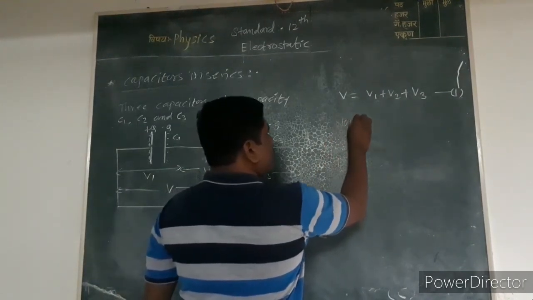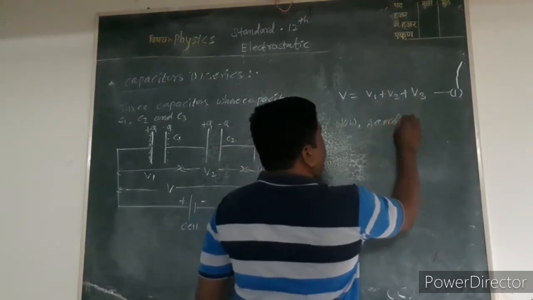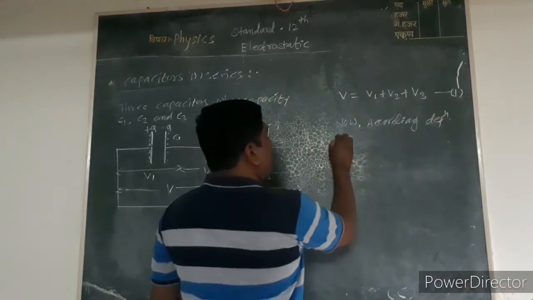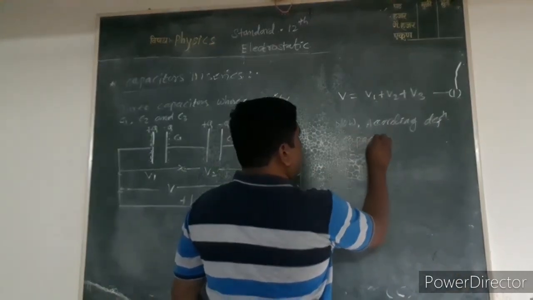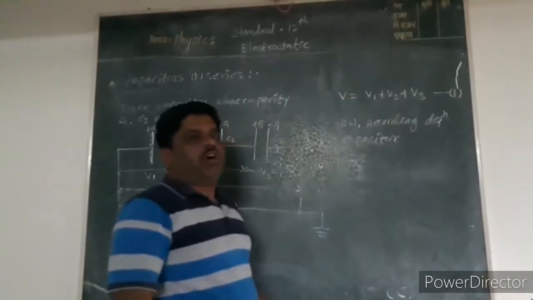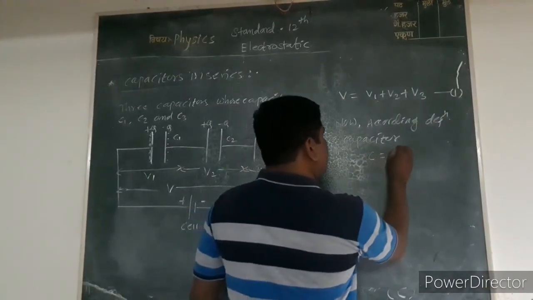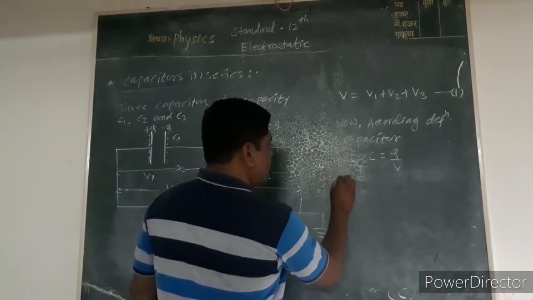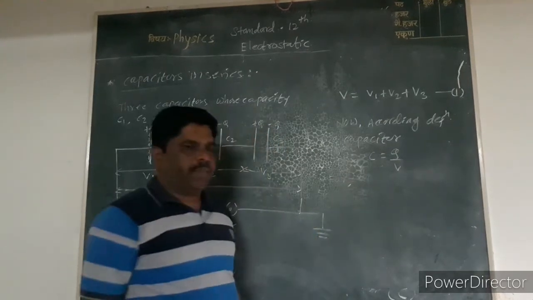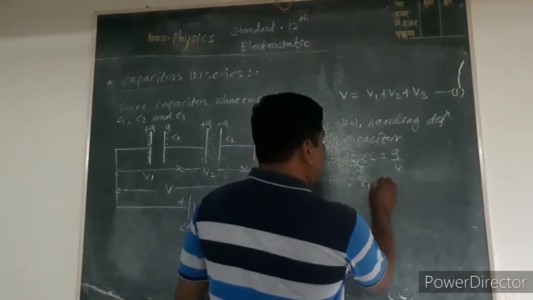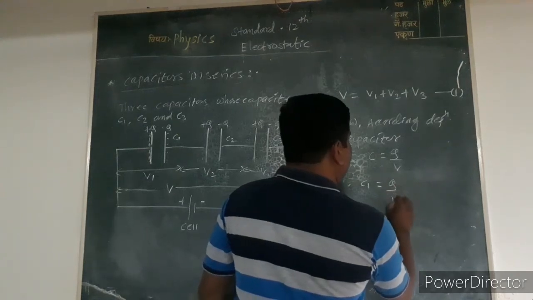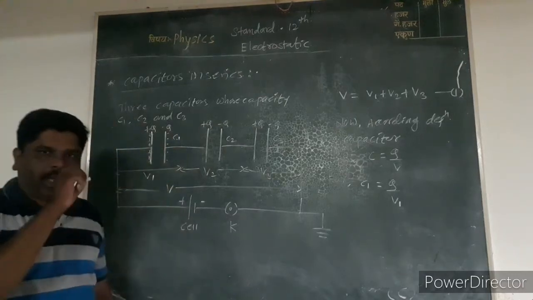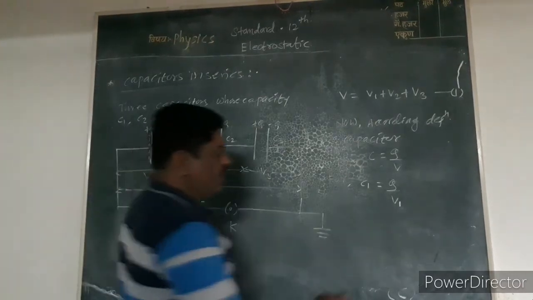Now, according to the definition of capacity of a capacitor, C is equal to Q upon V. For the first capacitor, whose capacity C1 is equal to Q upon V1, because the charge on all the capacitors is the same.